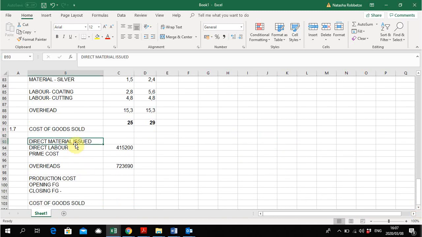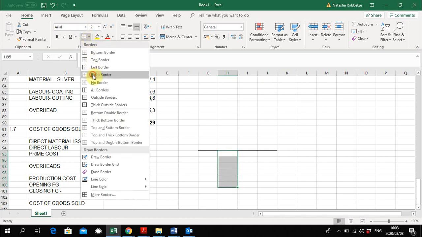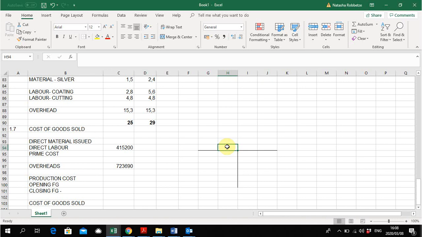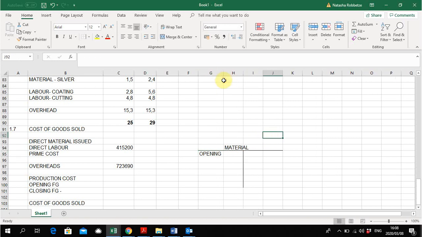Right, for direct material issued, we need to go and do a proper calculation in terms of a T account. So I'm just going to quickly draft a basic T account for you so that you can follow the explanation. For material, we have an opening balance as well as a closing balance.